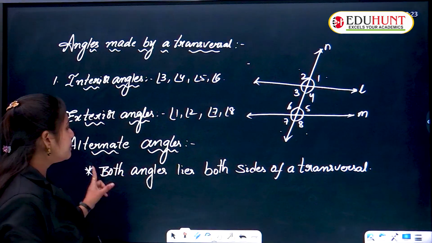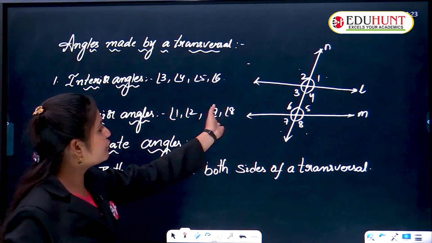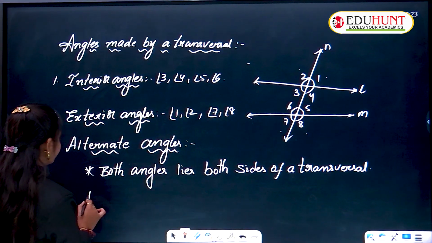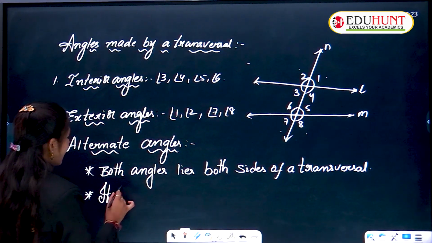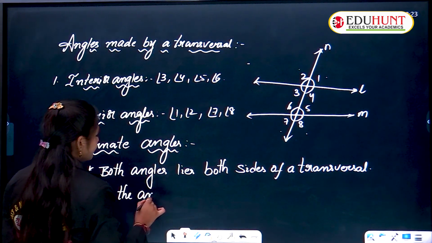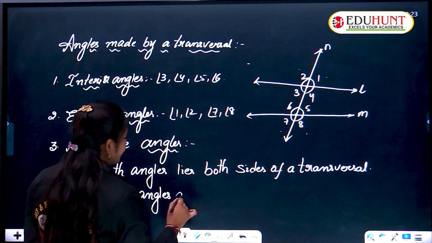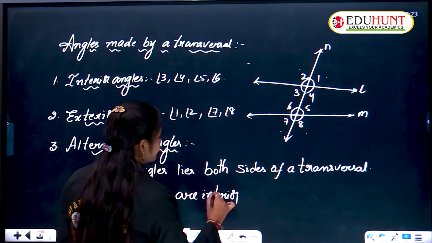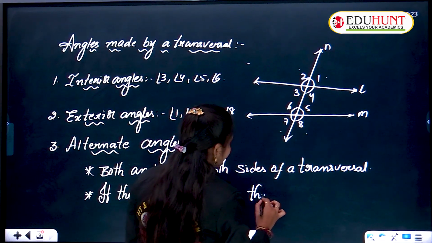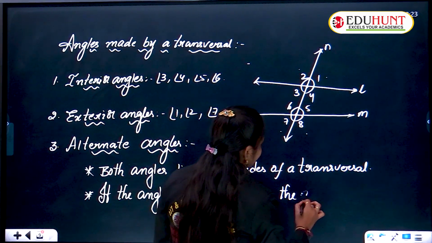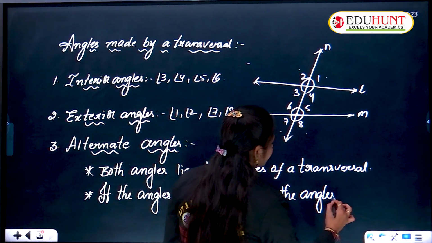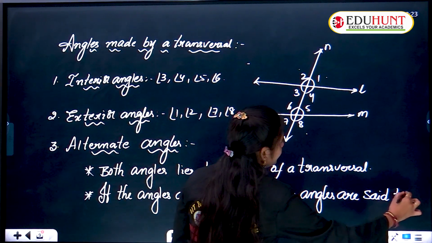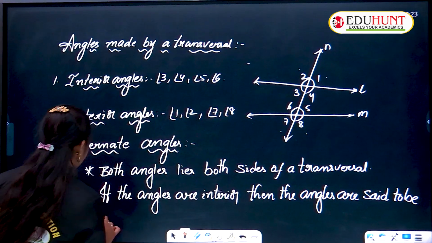First, both angles lie on both sides of the transversal. That is the first point. If the angles are interior, then the angles are said to be alternate interior angles.